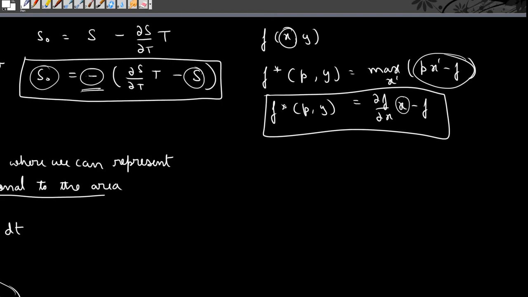Okay, but other than that, this gives the same information as S, and therefore these are two different perspectives of viewing the same thing, and therefore this is also a Legendre transformation.